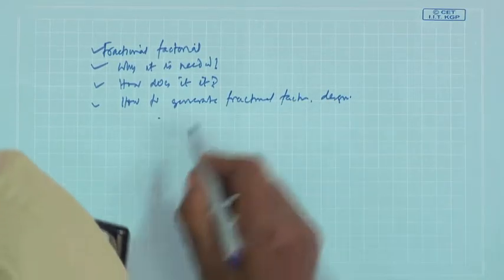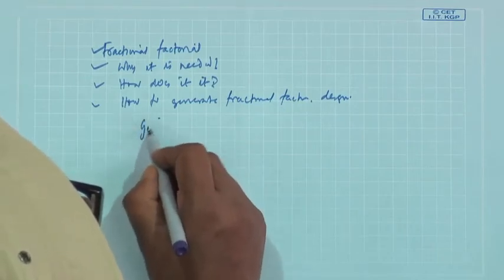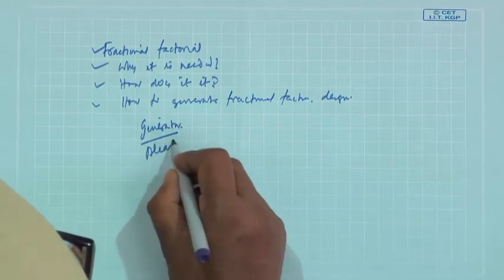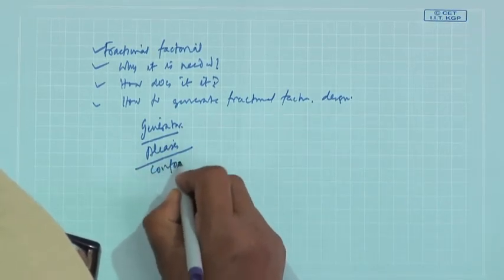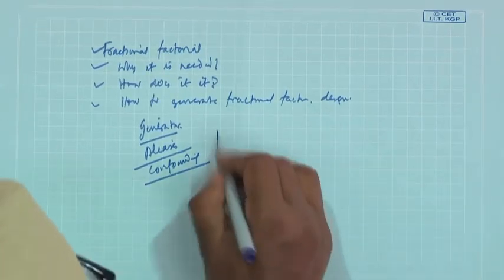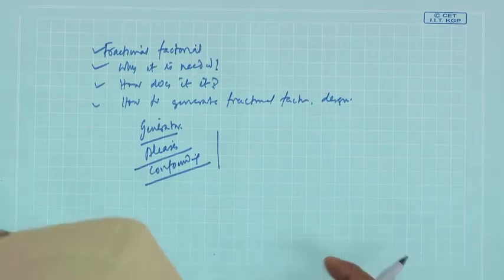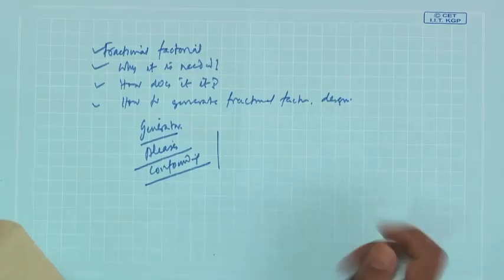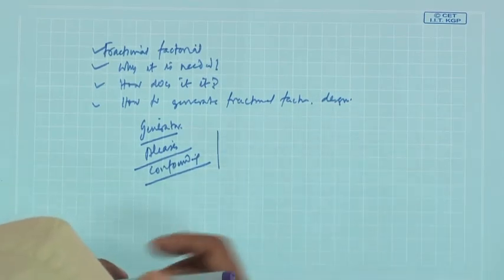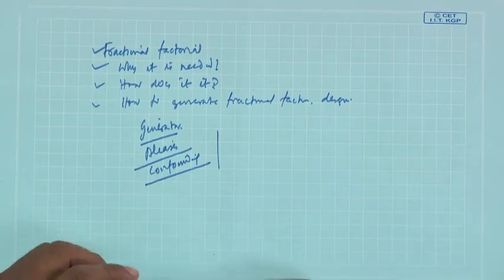In this process I also talked about the generator, aliases, and confounding, and all those things we have discussed. In the next lecture, I will show you the effect estimation part with an example, and the design resolution with reference to fractional factorial design.